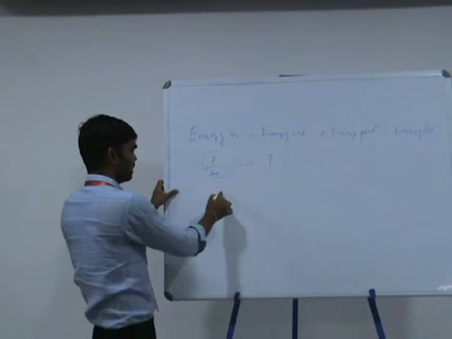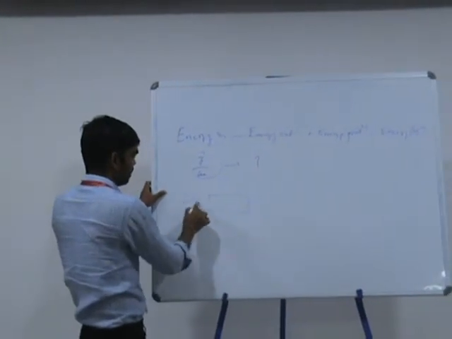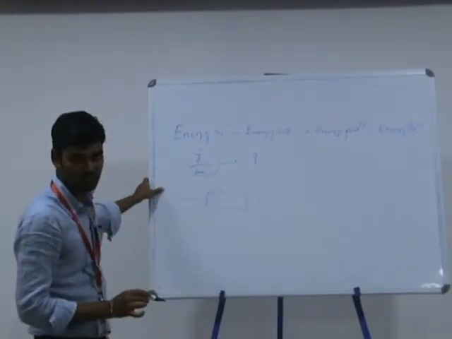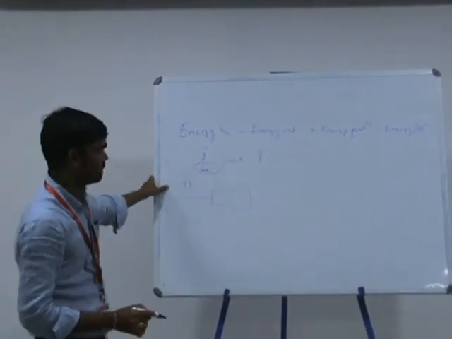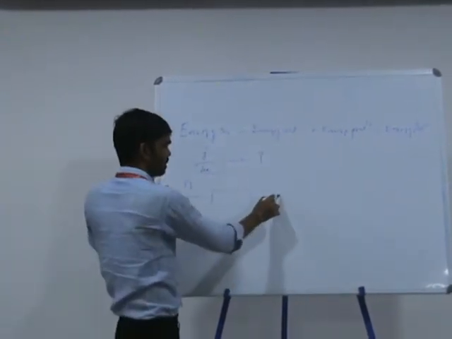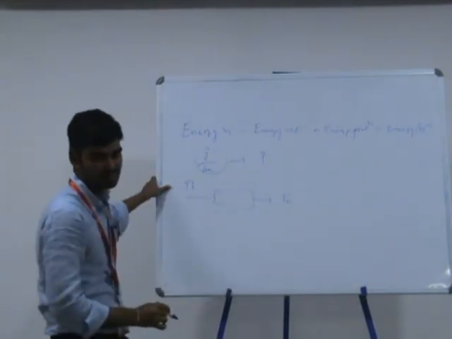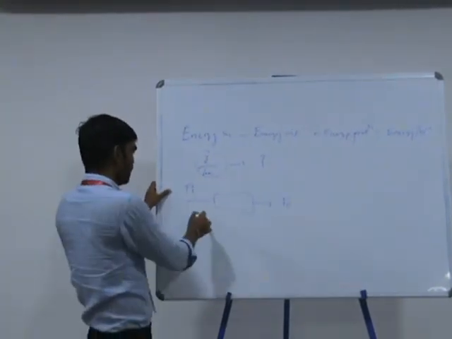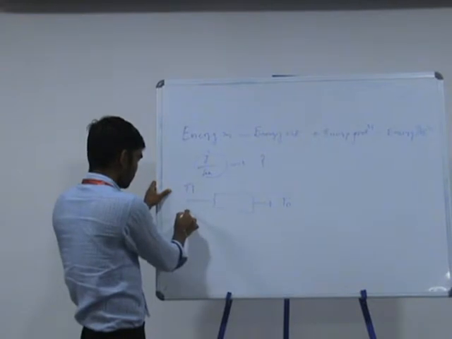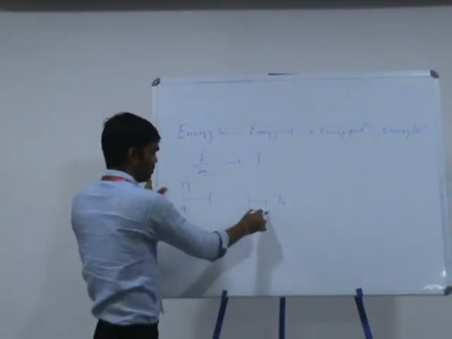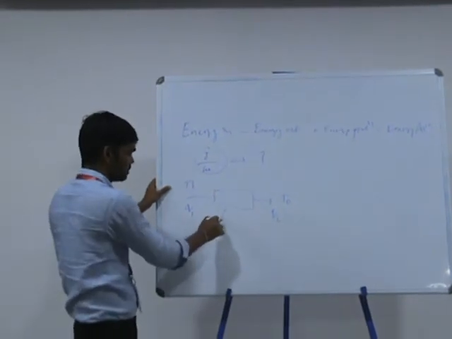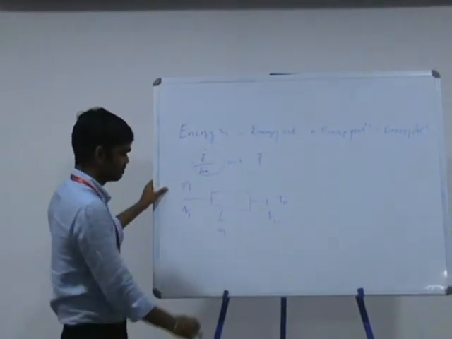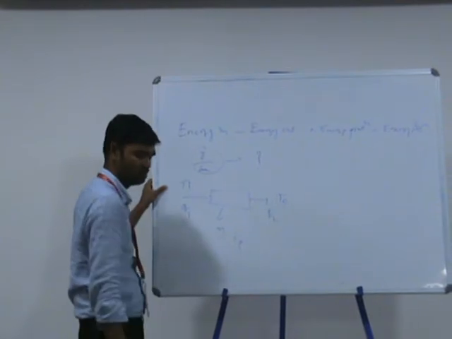Suppose you take any slab material, and you are supplying some amount of heat to that object. Let the inlet temperature of that fluid be Ti and the outlet temperature coming out be T0, the initial flow rate Q1 and the final flow rate Q2. You know the mass of that substance is M and its specific heat is Cp.